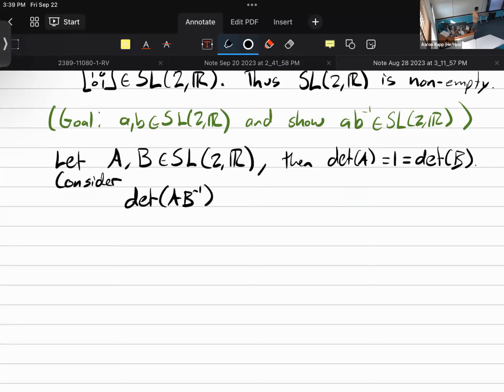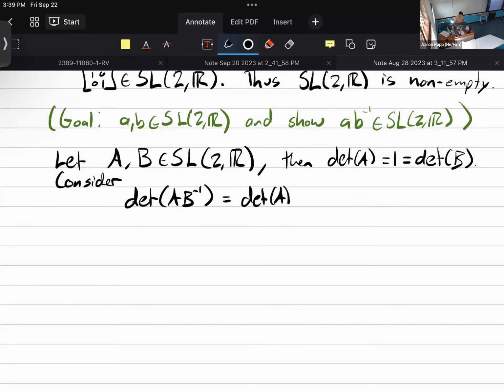So if I consider the determinant of A times the inverse of the matrix B, how can I break this up? Would it be the determinant of A times the determinant of the inverse of B? Yeah, we can split determinant calculations over matrix multiplication.